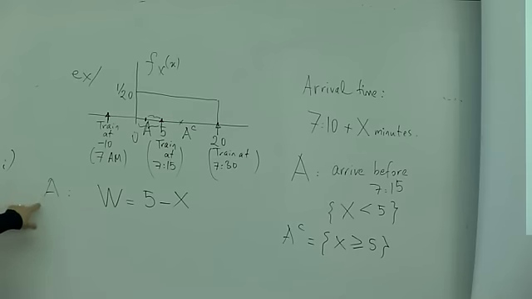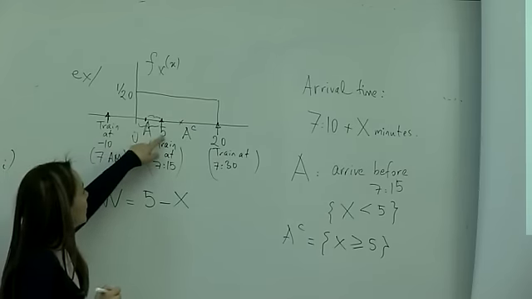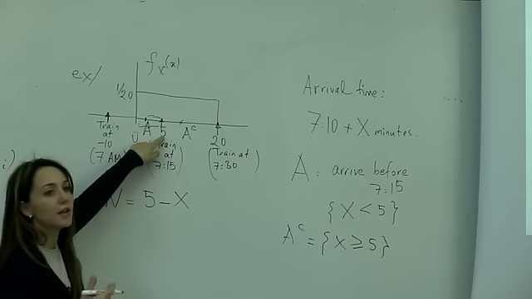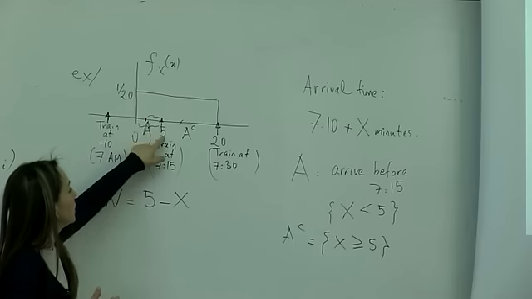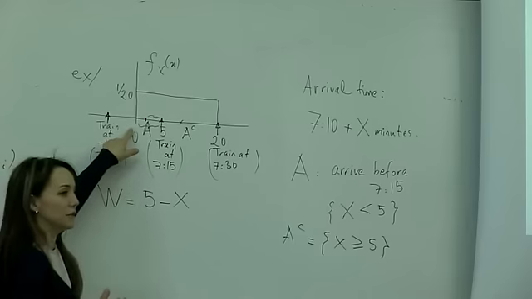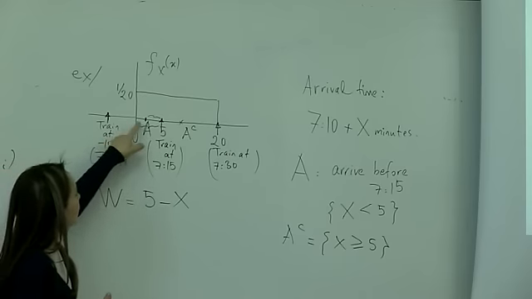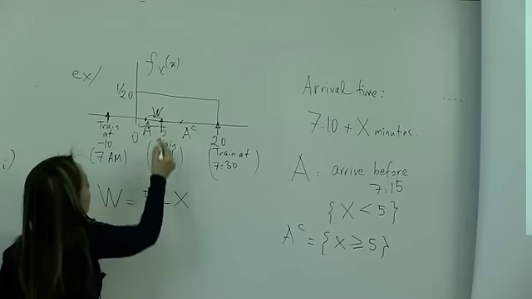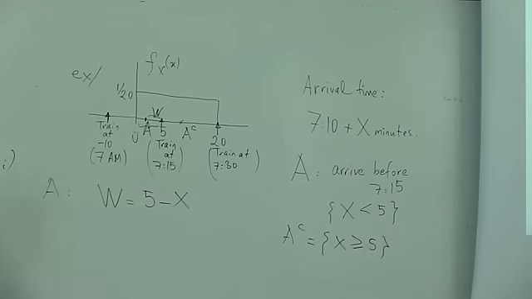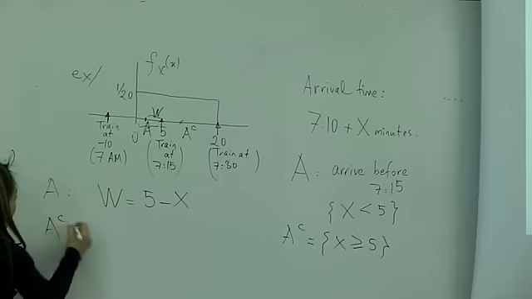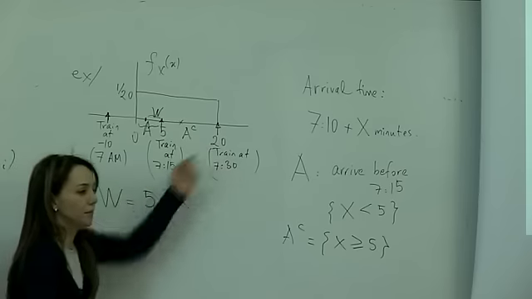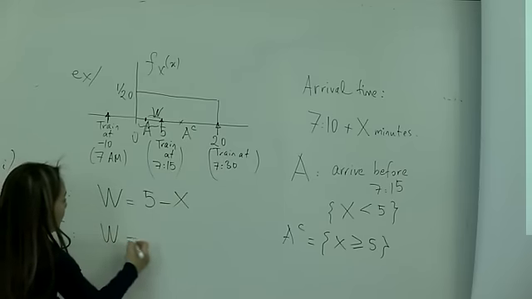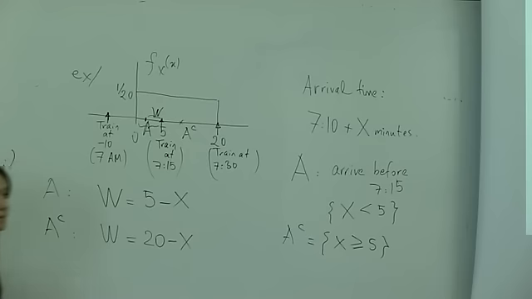If A happens, then the train that I will board is at 5, okay, 5 minutes after this 0, which is 7:10 actually. So my waiting time for the train is 5 minus my arrival time. If I did not arrive before 5, then my waiting time is the difference of my arrival time from 20. In this case, my waiting time is 20 minus X.